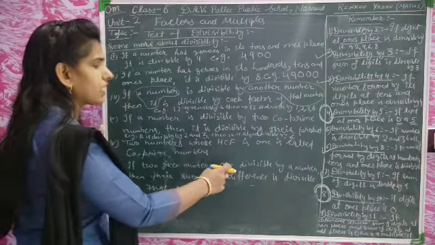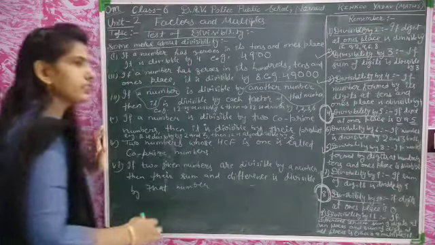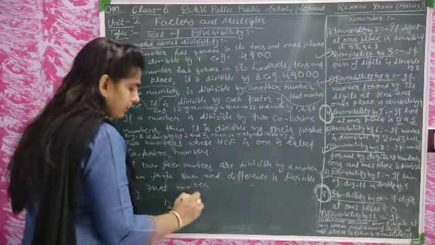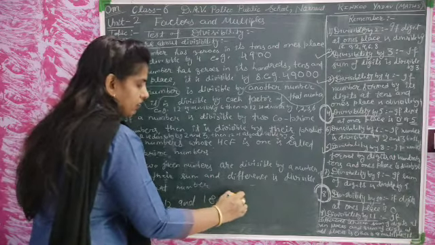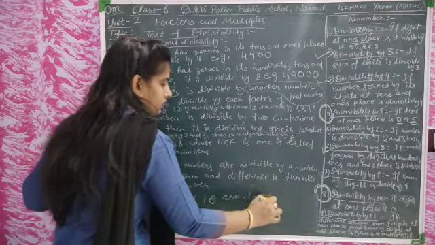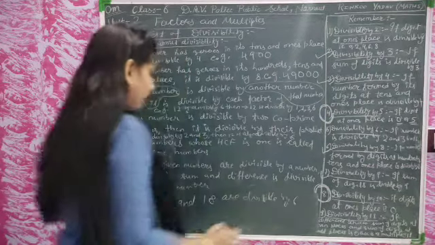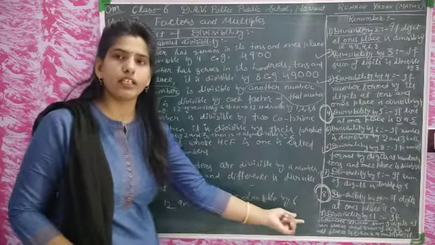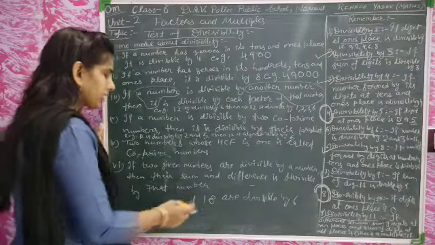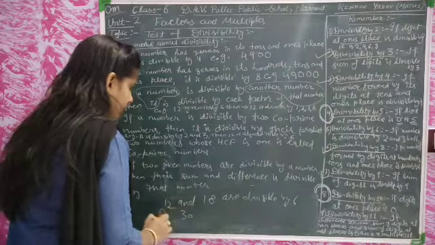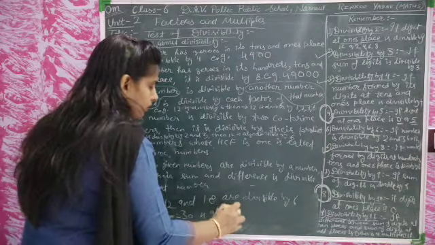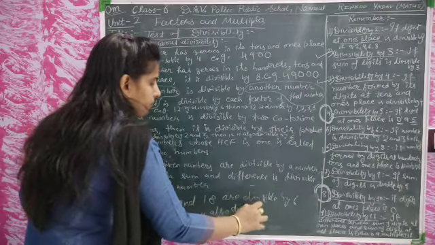If two given numbers are divisible by a number, here 12 and 18 are divisible by 6, then their sum, 12 plus 18, that is 30, is also divisible by 6.